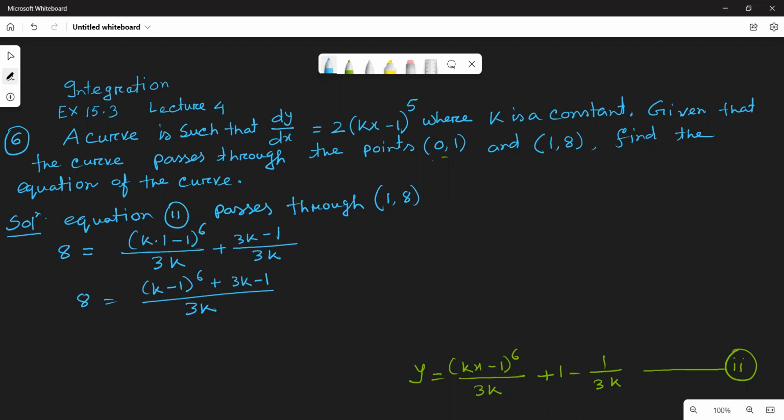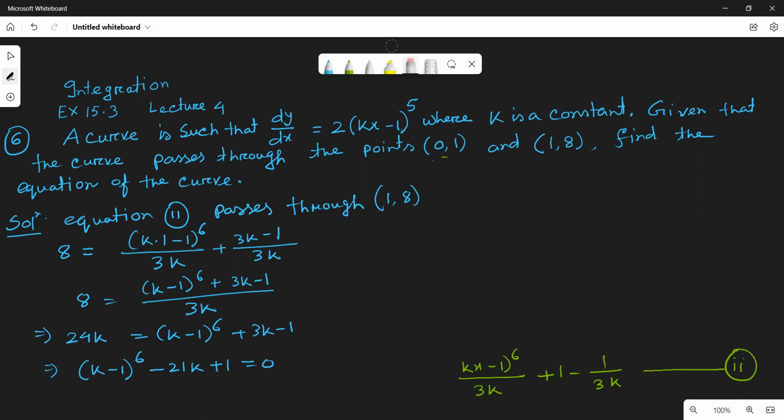Here it will be 8. Now if we simplify, we will get here 24k equals to (k minus 1) to the power 6 plus 3k minus 1. So if we rearrange these, we will get finally (k minus 1) to the power 6 minus 21k plus 1 equals to 0.